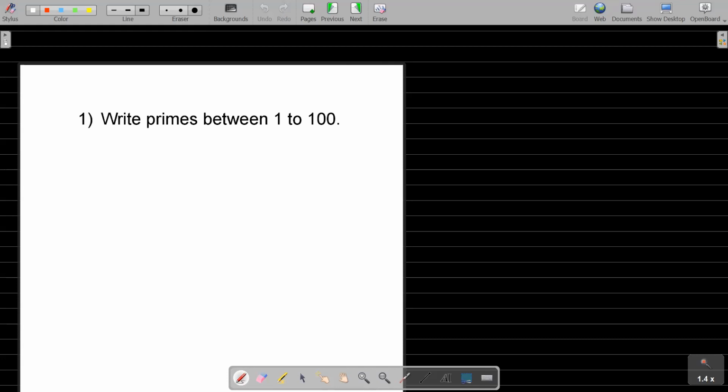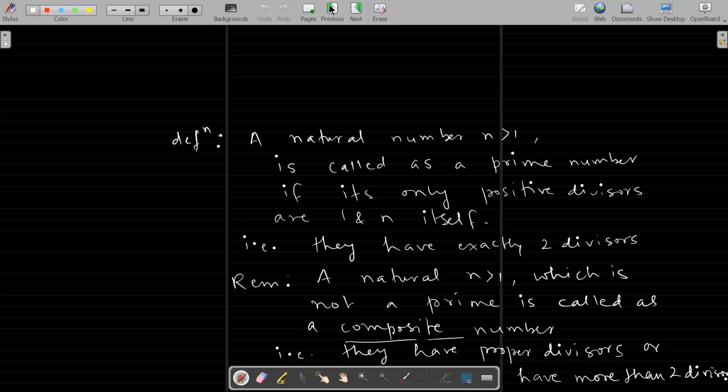So by our very definition, note 1 is neither prime nor composite for certain reasons. According to our definition, number 1 is not prime as well as it is not composite.